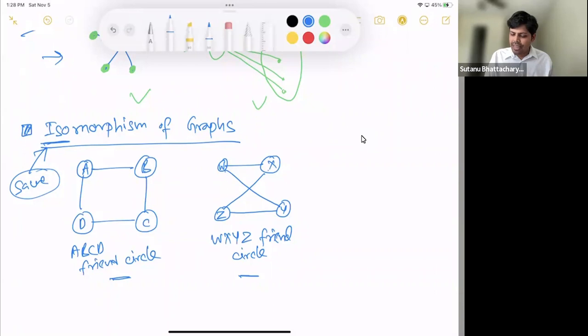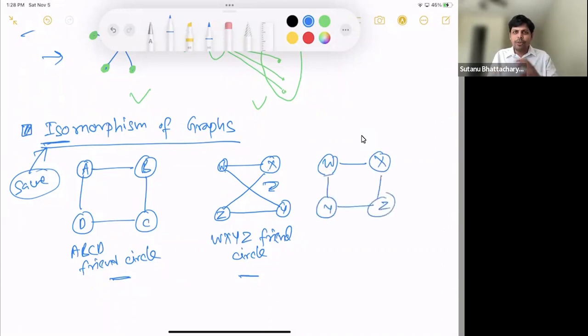W is connected to X and Y. Similarly, A is connected to B and D. So if you rotate this graph, then you will see the graph is actually the same graph. It would look like this one.